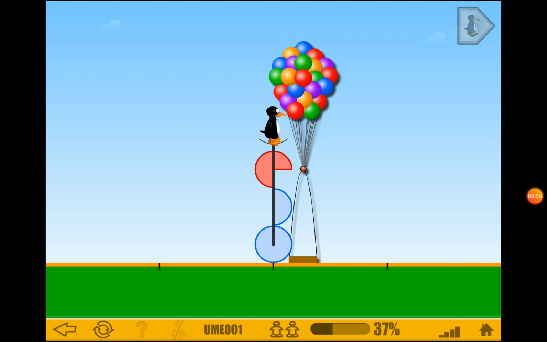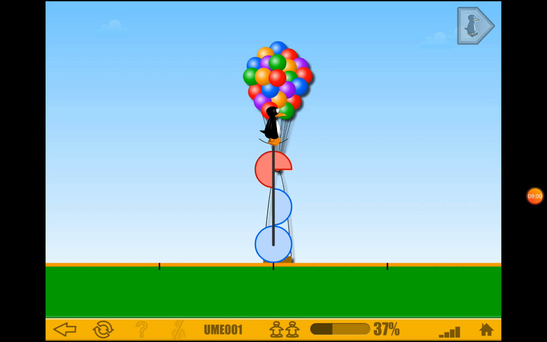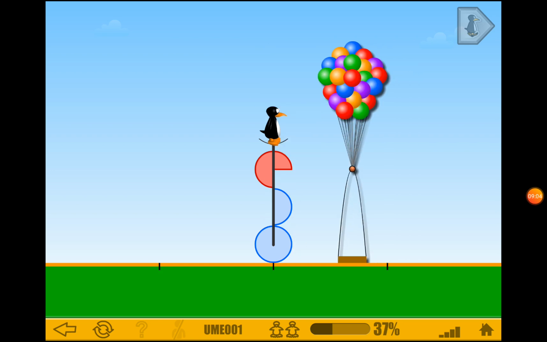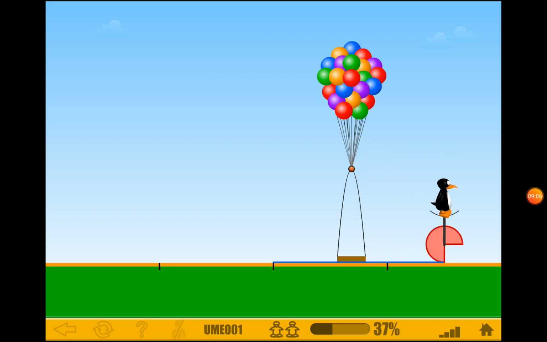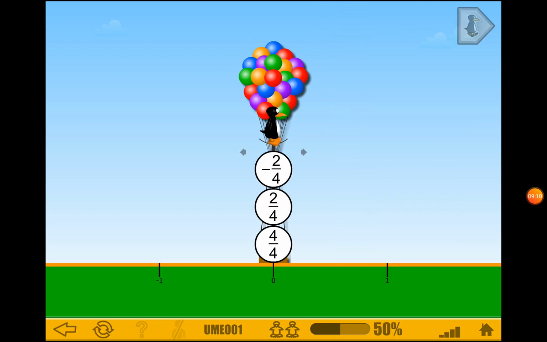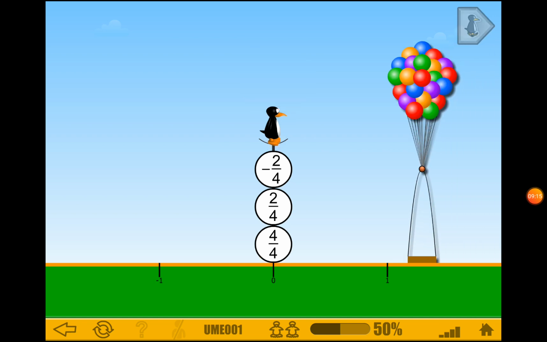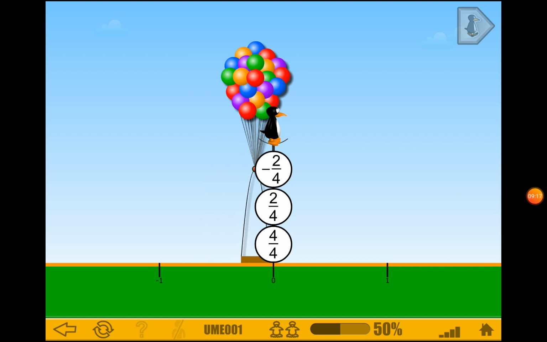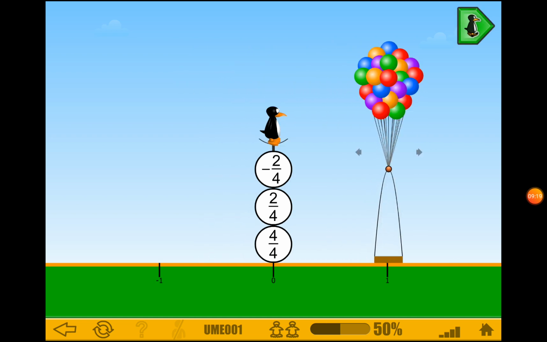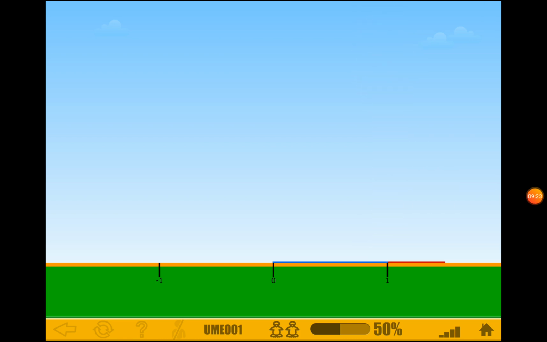This one, it's going to be 1.5 minus 3/4, which ends up being 3/4. Oh. So minus half, then half, then 1. Got it.